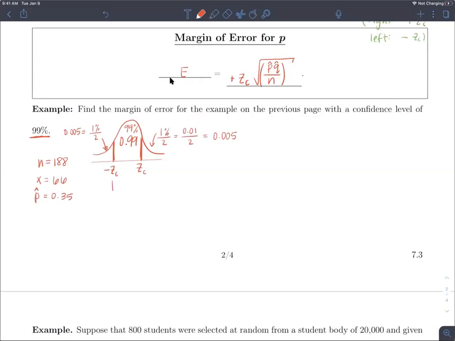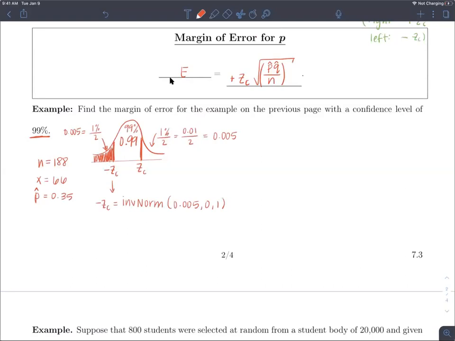So then to find negative z sub c, I'm going to use inverse norm. And then I'm going to have 0.005, because that's the area to the left of negative z sub c. And it's the standard normal curve, so I use mean 0 and standard deviation 1.